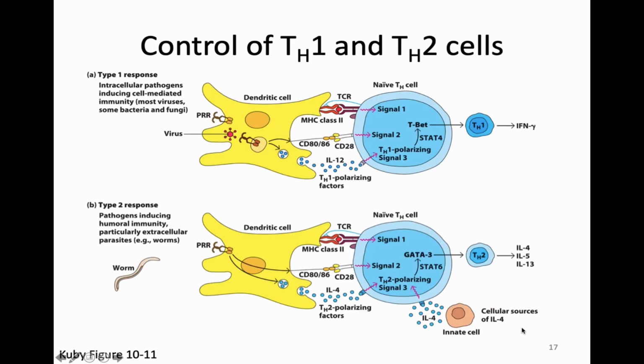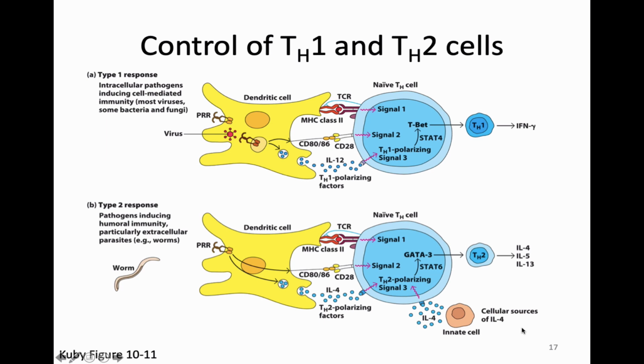Here you can see a general overview of Th1 and Th2 control, where our original APC makes either IL-12 or perhaps IL-4, leads to either T-bet or GATA3 production, and that turns our cell into a Th1 or Th2 cell respectively. The Th1 cell will make interferon gamma and deal with intracellular pathogens.